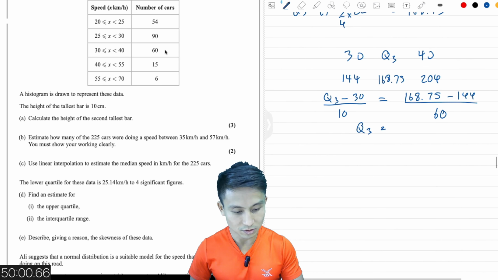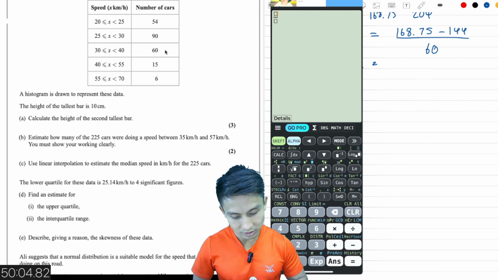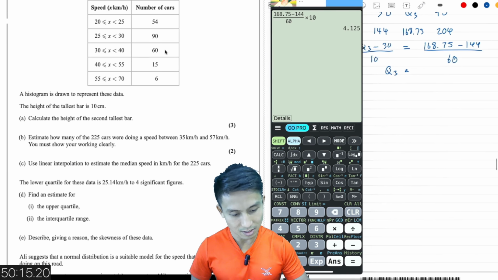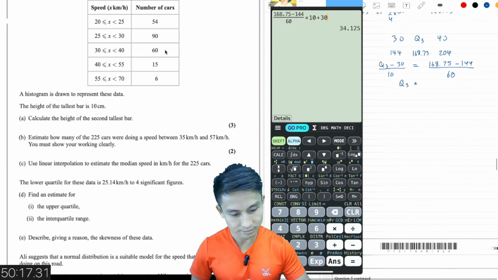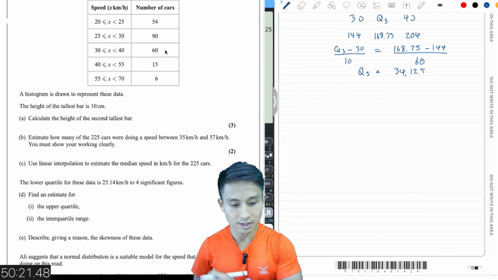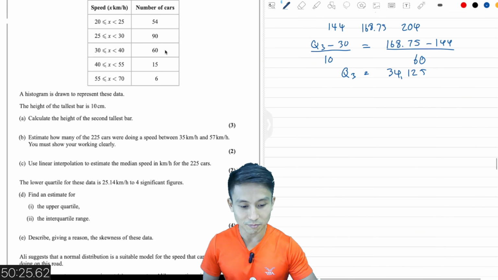So Q3 is 168.75 minus 144 divided by 60, times 10, and then plus 30. So it's 34.125, which is the upper quartile, to 4 significant figures.